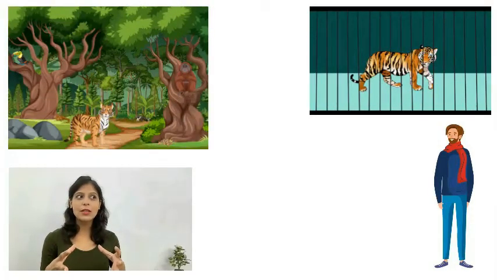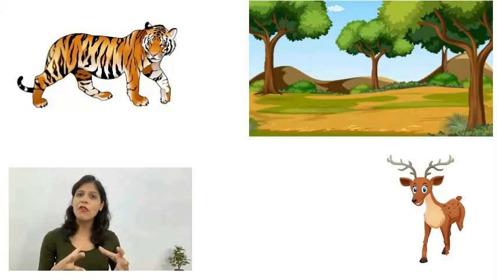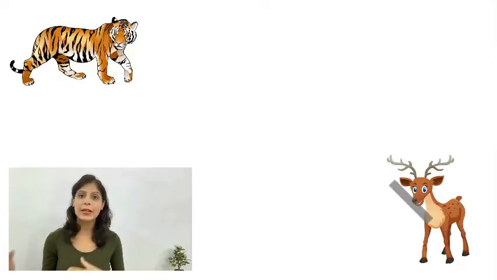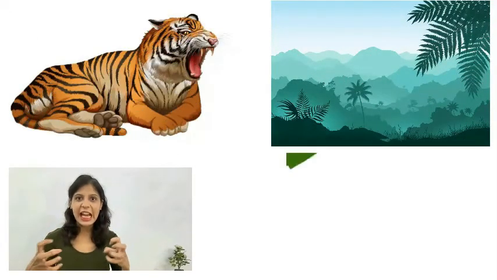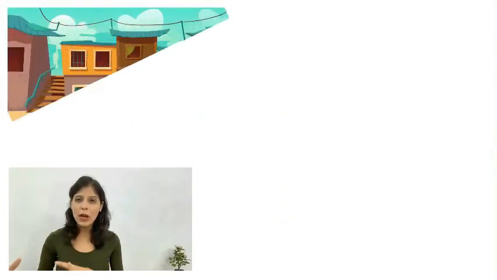Moving on to the third stanza. Here, the poet imagines what the tiger would be doing in case he failed to find any prey in his natural habitat in the jungle. He says that the tiger would be growling at the edge of the jungle near some village.